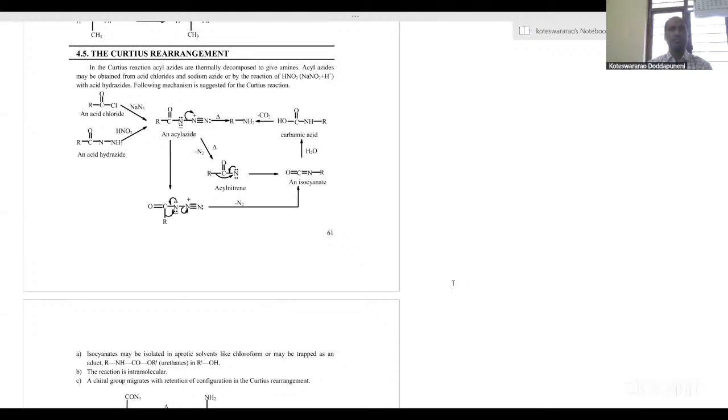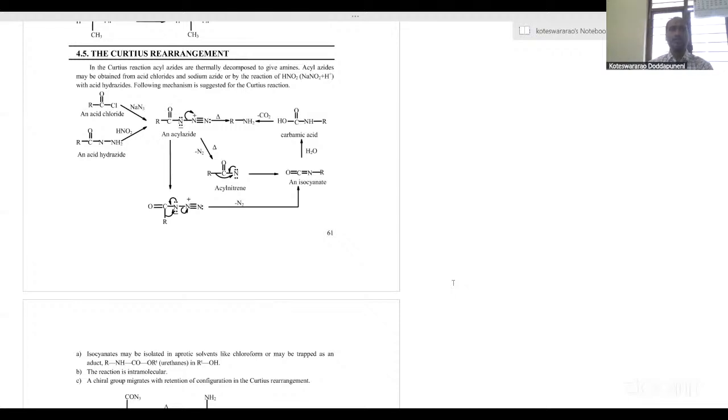If you take the acid chloride, which is treated with sodium azide, NaN3, that sodium azide reacts with the acid chloride that leads to the formation of an acyl azide. This acyl azide on heating leads to the formation of amine.